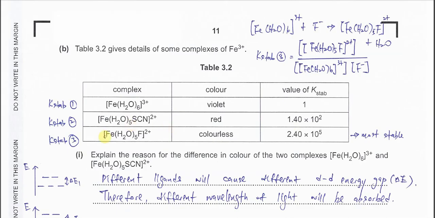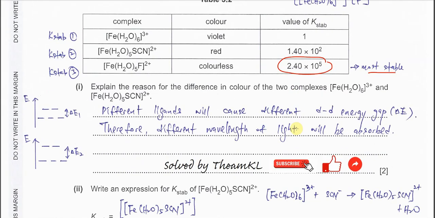And the last complex ion, with 5 water ligands and 1 fluoride, the K step is the largest, 2.40 times 10 to the power 5. So from these comparisons, we know that the last complex ion is the most stable one, because its K step is the largest. There's a hint given in the information.